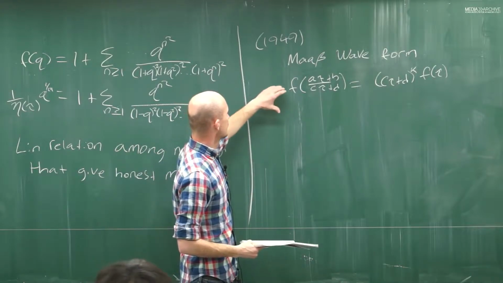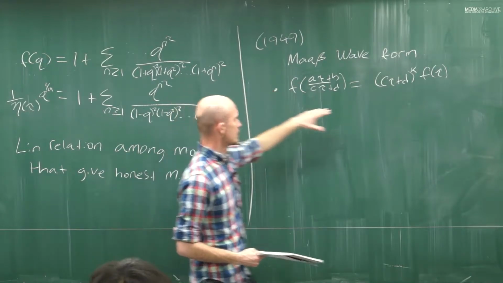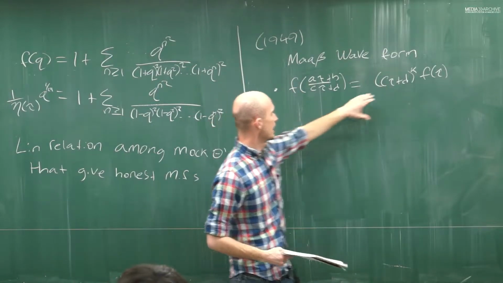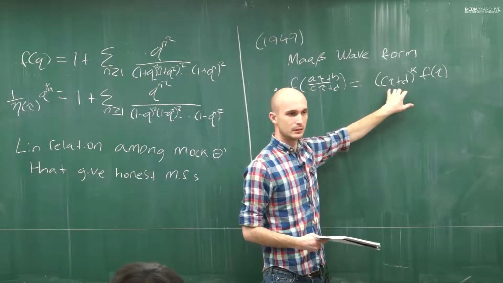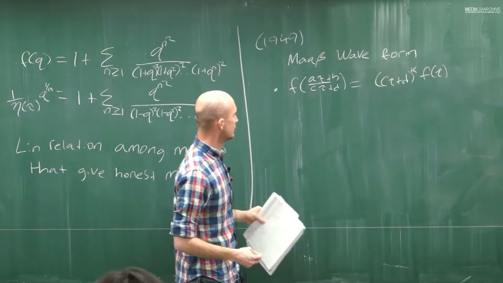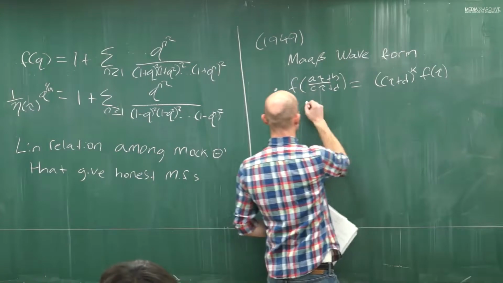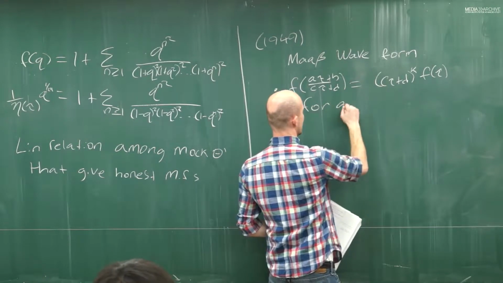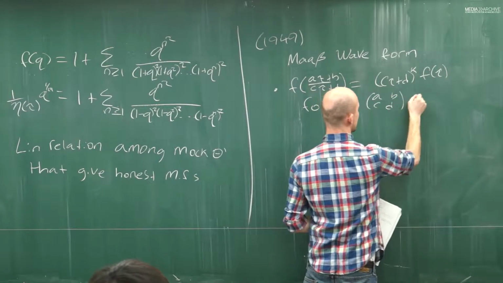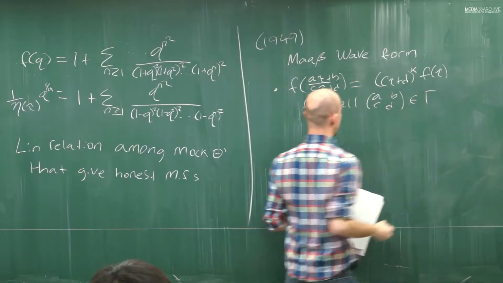There are some differences in the definition here. Sometimes this is normalized a little bit differently by multiplying by a power of y so that this factor of automorphy has absolute value 1, but we'll just use this definition for now. This is for all matrices (a, b; c, d) inside some group gamma.